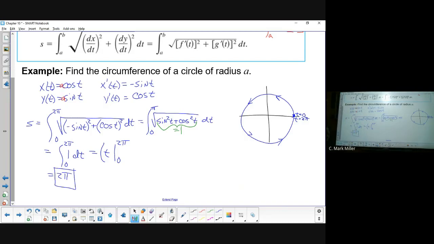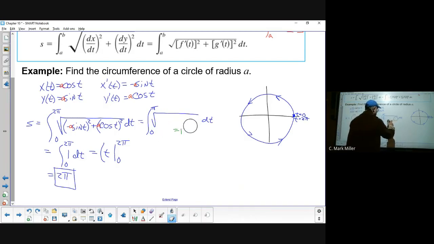We did that last time. We put 2's there last time. So the derivative is going to be minus a sine t and a cosine t.